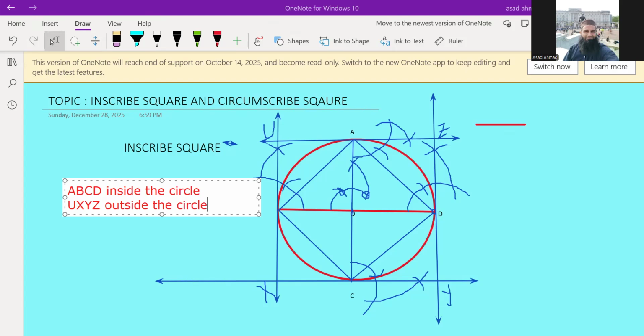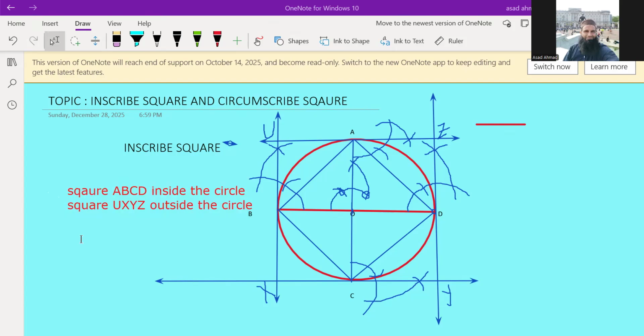So two squares were required: the ABCD square, and the second one, UXYZ, outside the circle. These two squares are called the inscribe square and the circumscribe square. And this is how you can draw it.